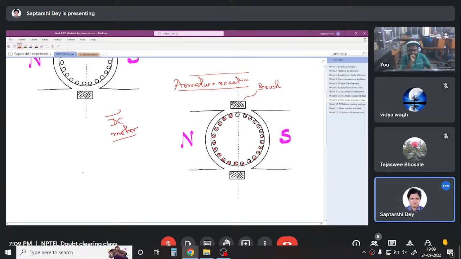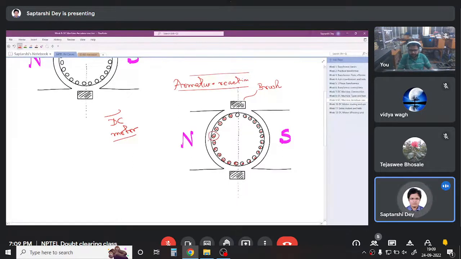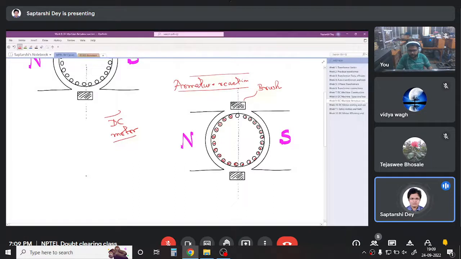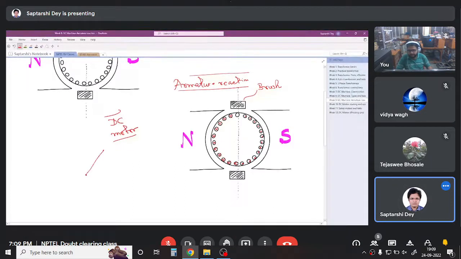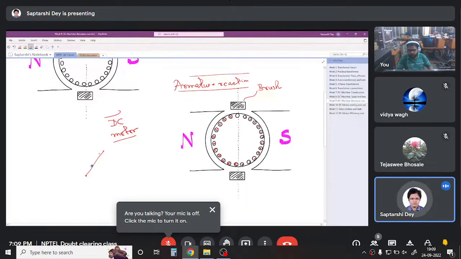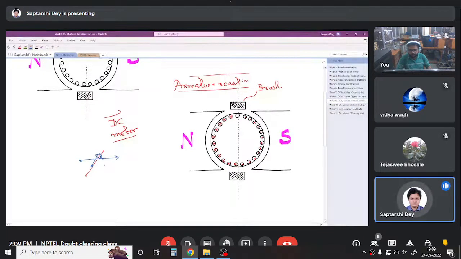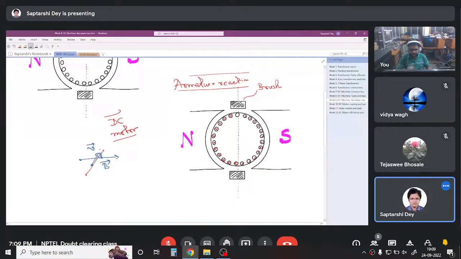So let us take this conductor, and the current is cross. Cross means current is flowing away from us. So a positively charged conductor is flowing away from us, and there is a magnetic field B. So this is the velocity V away from us, and this is the magnetic field B.